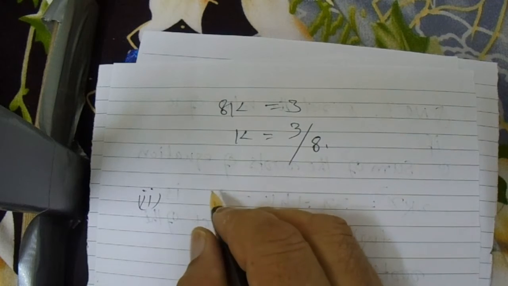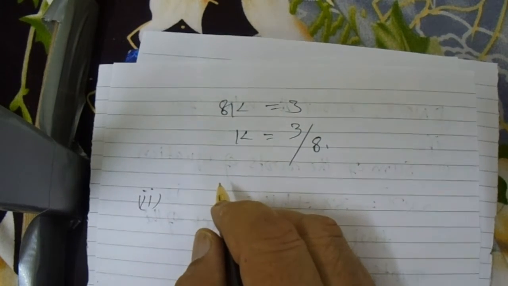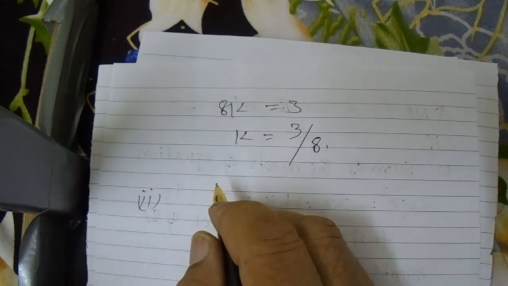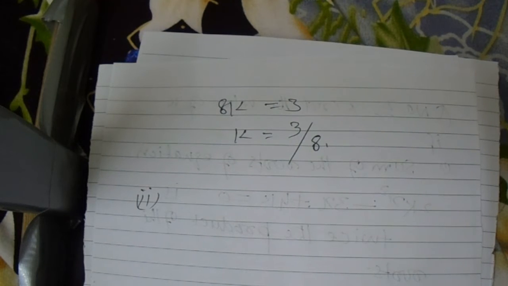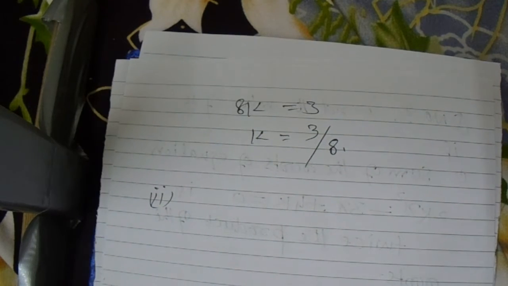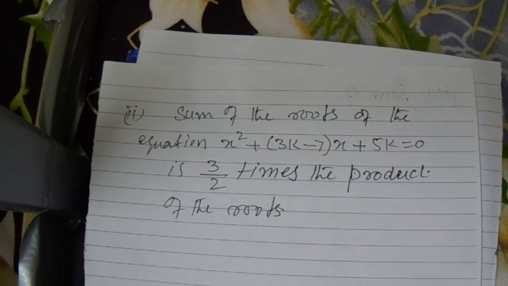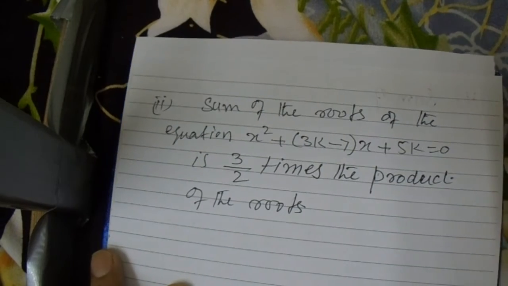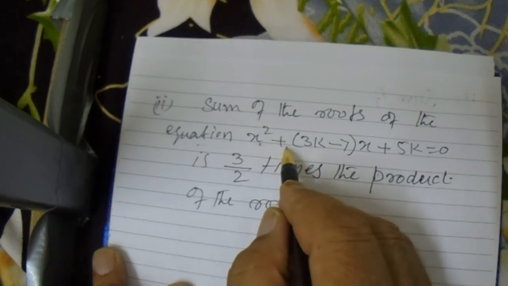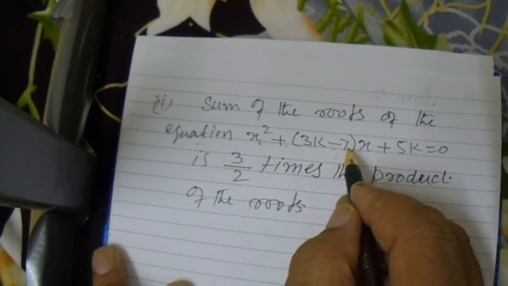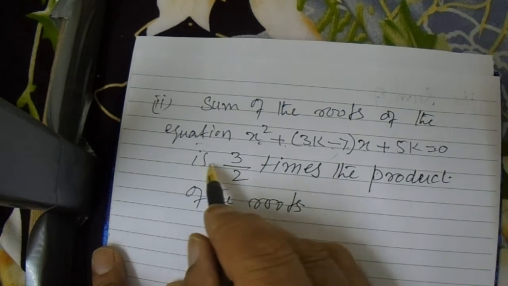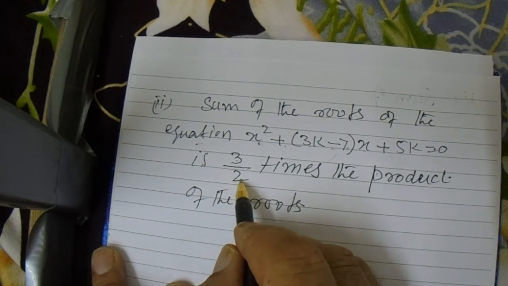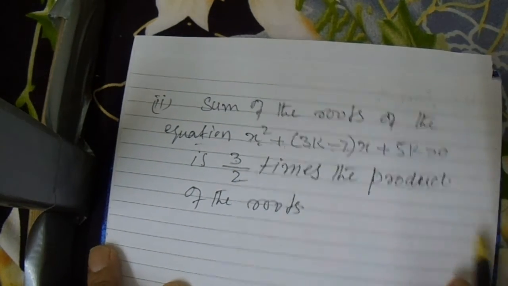Now the second part of this question. This is the second equation. The sum of the roots of the equation x² + (3k − 7)x + 5k = 0 is 3 by 2 times the product of the roots.